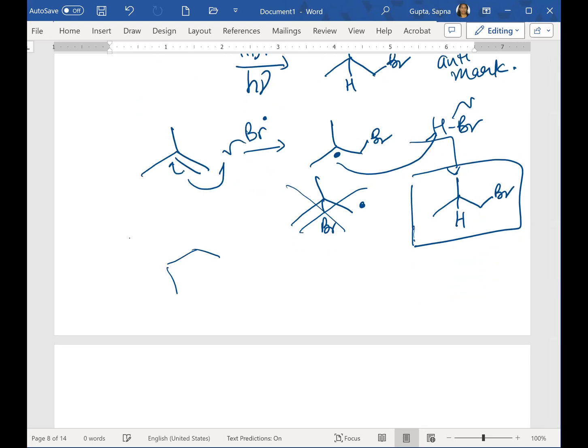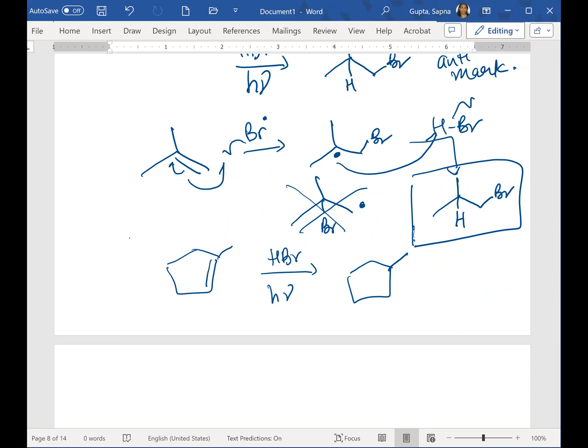Now if I were to take something like this, and I say I'm adding HBr with light, what you're going to write for me is that you still have the skeleton of the cyclopentane, but now you have to decide where you're going to put the hydrogen and where the Br goes.